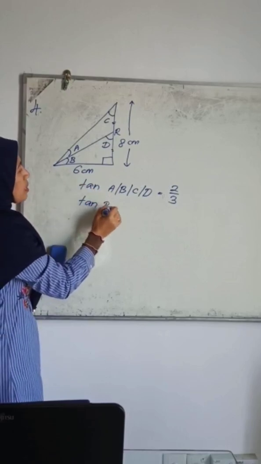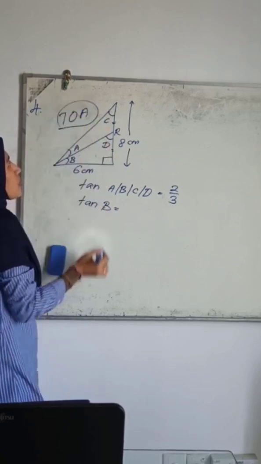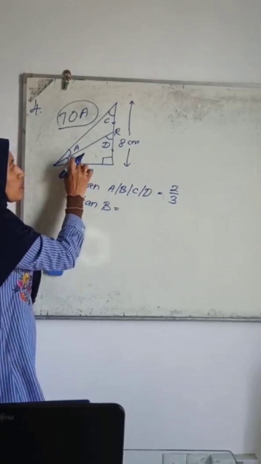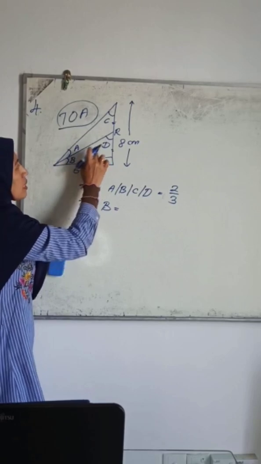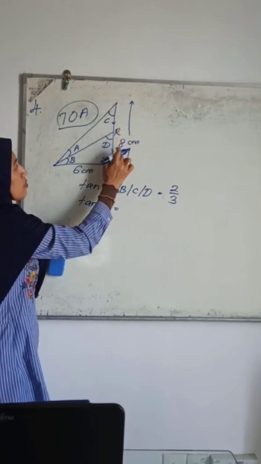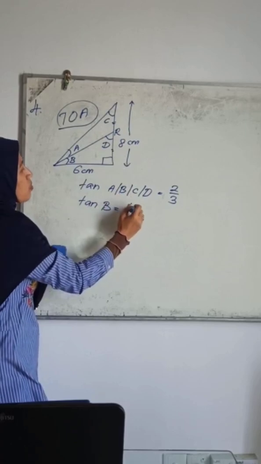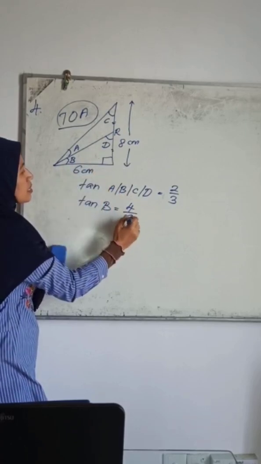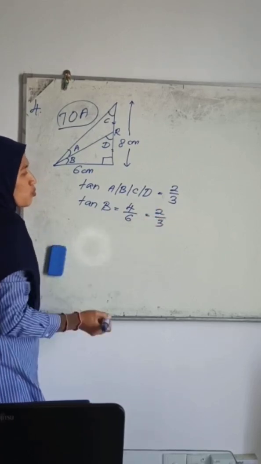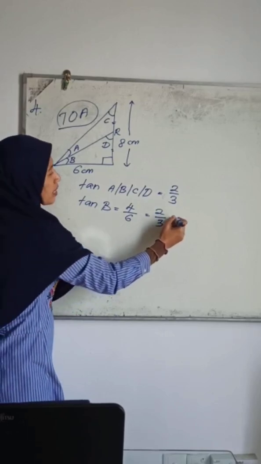Tangent B is equal to TOA, opposite per adjacent. Look at tangent B. Opposite is 4, because R is the midpoint, so this length is 4. So 4 per adjacent 6. We can simplify and get 2 per 3. So the answer is correct.